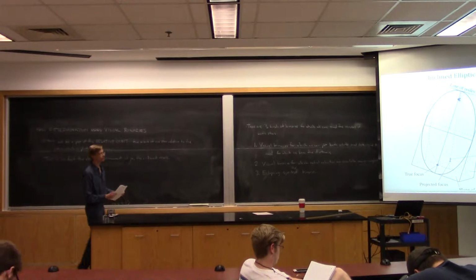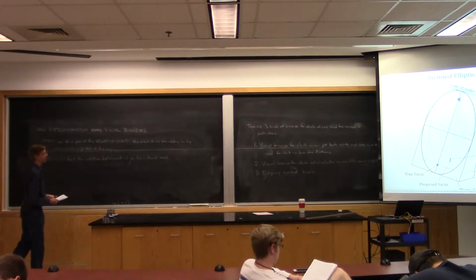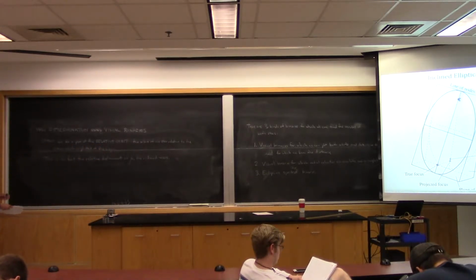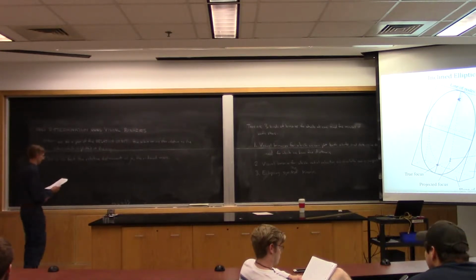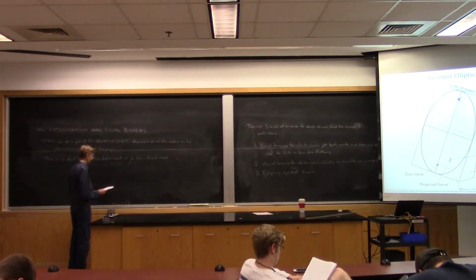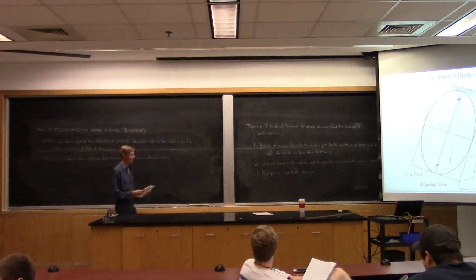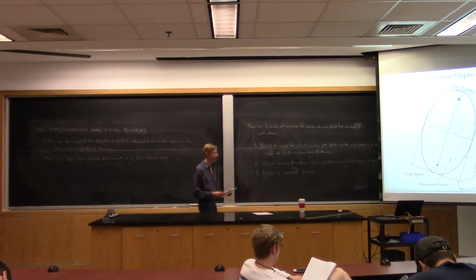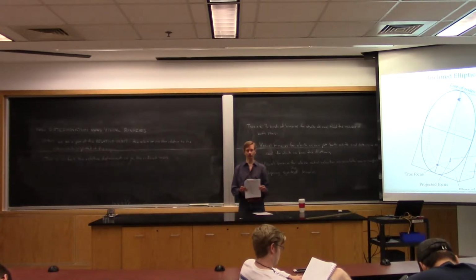Or actually, you're plotting its projection onto the plane of the sky, because the tricky part is that if the orbit is a circle, it won't necessarily look like a circle. If the orbit is tipped, it makes the circle look flattened.